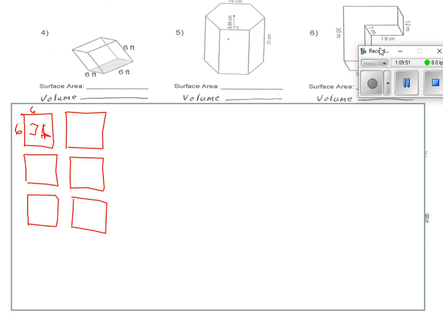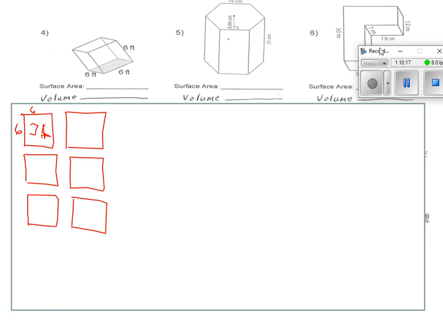Keep hold of that number. Then for the hexagon, do we just use the same formula? For hexagon, what's the formula? P times A divided by 2. What's P stand for? Perimeter. What's the perimeter of it? 60. 60 times A stands for what?